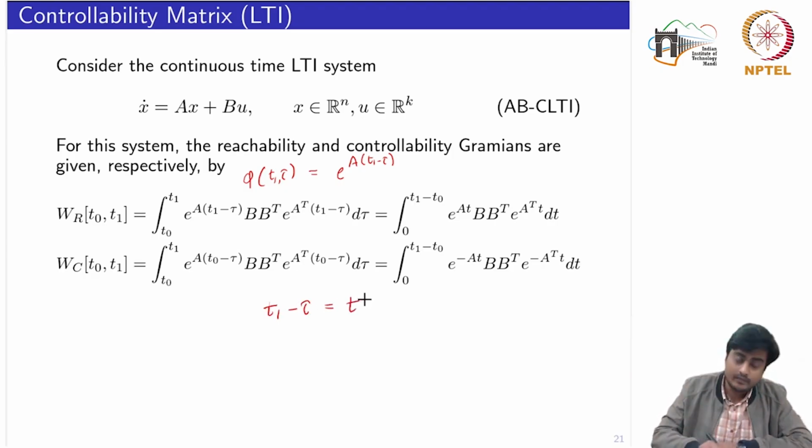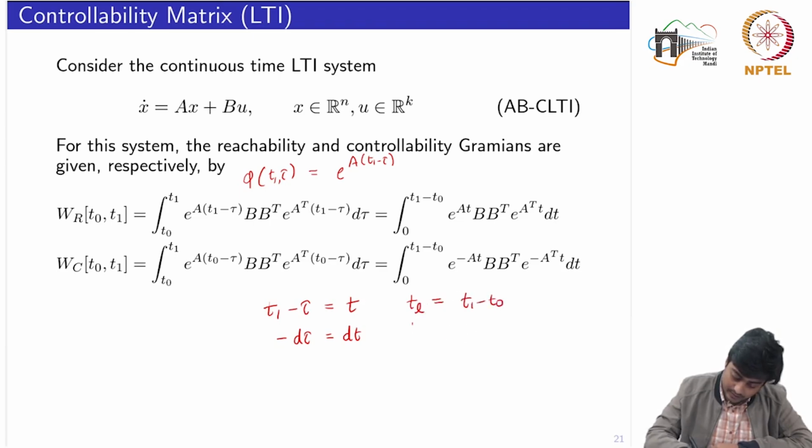Now see here, let's replace t1 minus tau by another variable t. Changing this, d tau would yield minus d tau equals dt. Now computing the lower and the upper limit of this new integral, the lower limit would be, putting tau equal to t0, t1 minus t0, and the upper limit would become t1 minus t1, which equals 0.